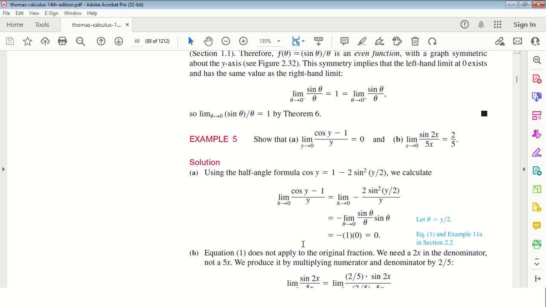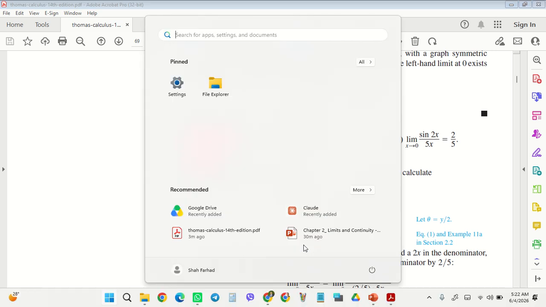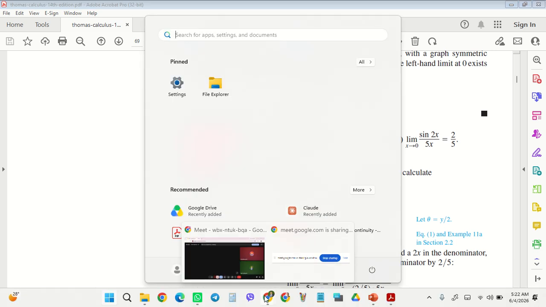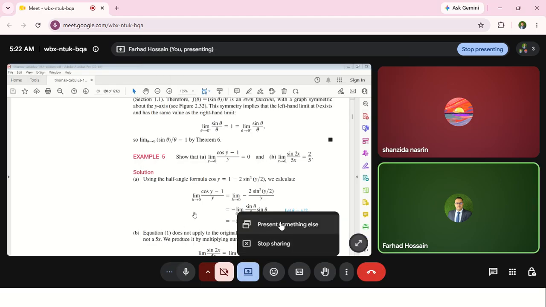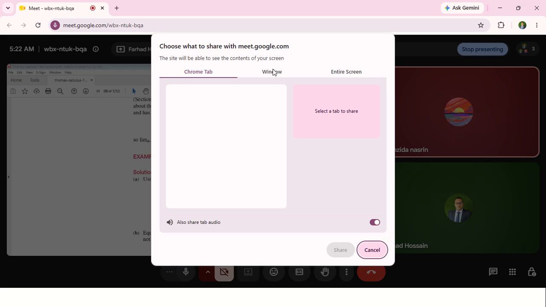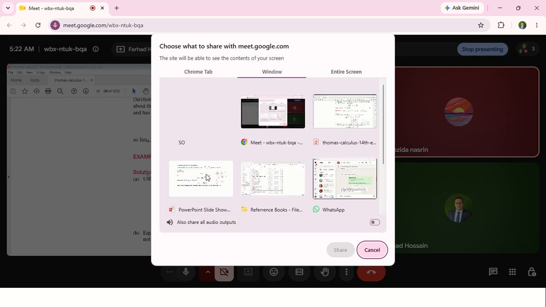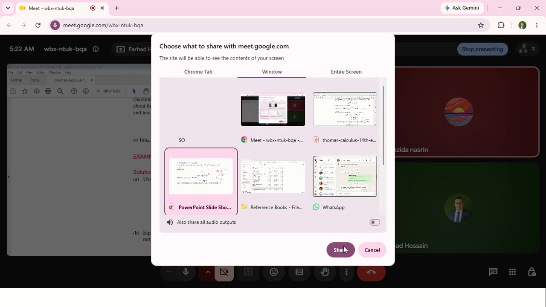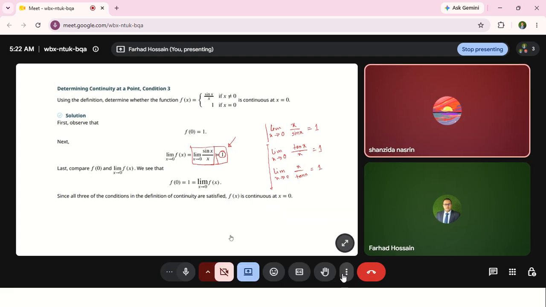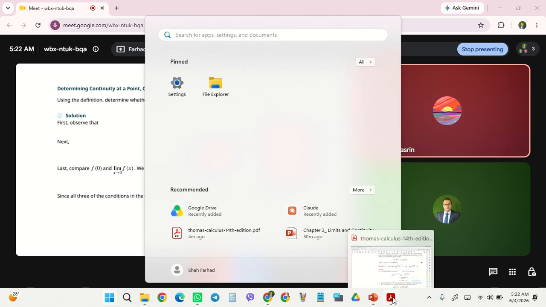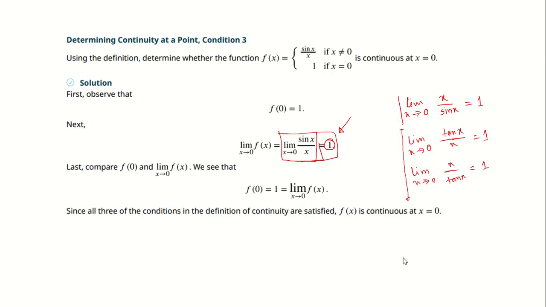Okay, now move on. So we can use this directly in the limit.